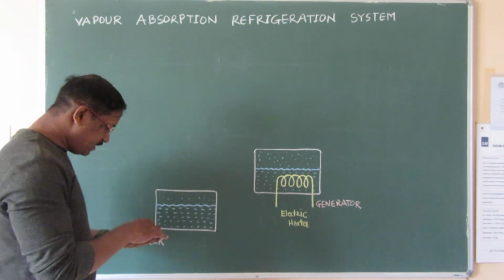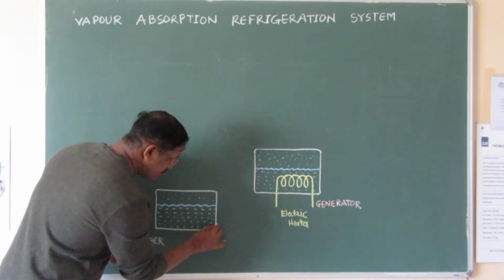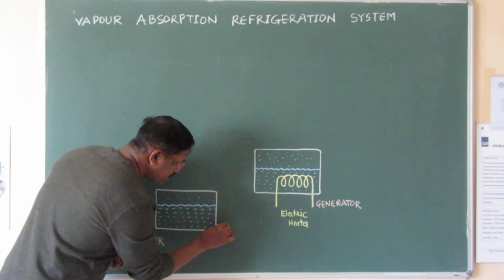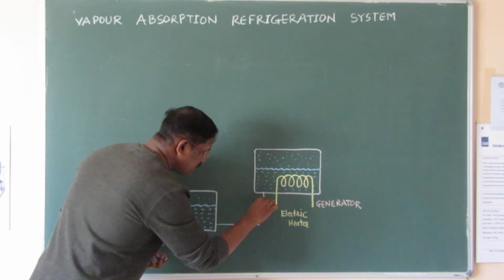Now there is one circulating pump which is connected to the absorber and generator.